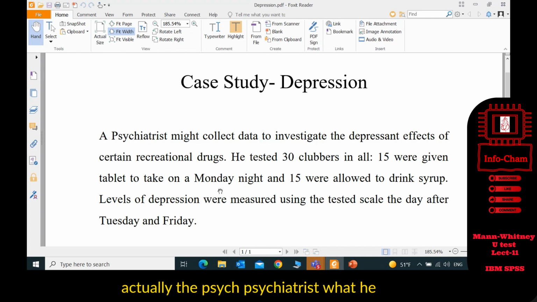So actually what the psychiatrist did, there were 15 participants given a tablet, and the other 15 were given syrup. So they used two techniques, tablet and syrup, and then they want to check which is effective, whether the tablet is effective or the syrup is effective.